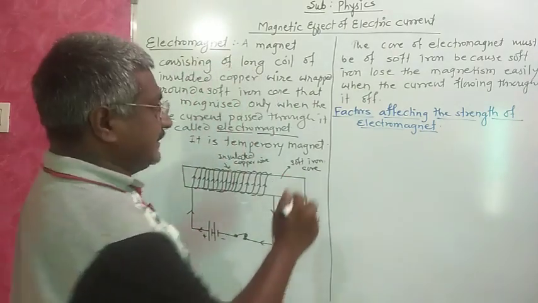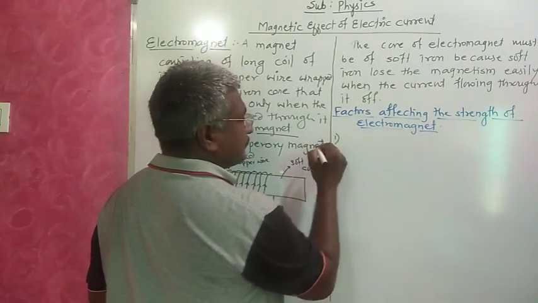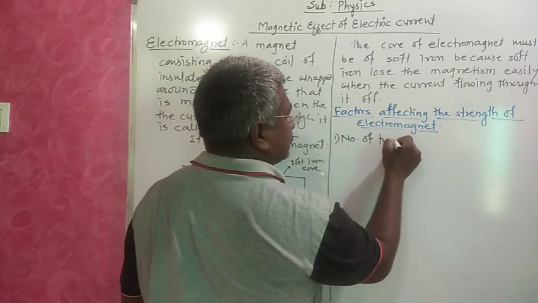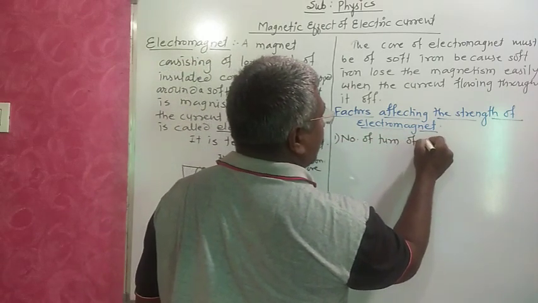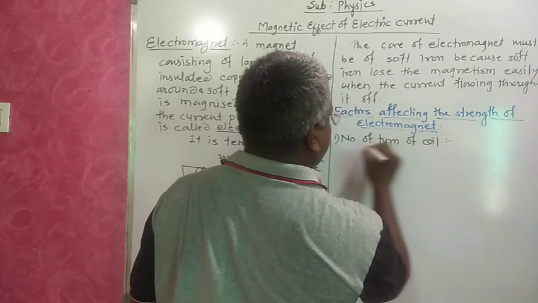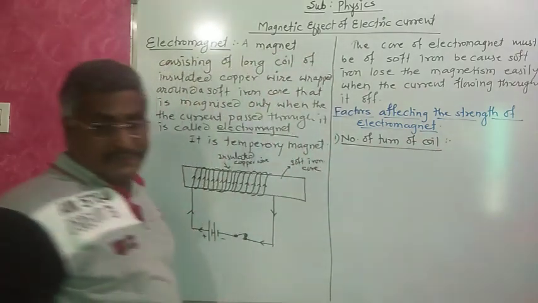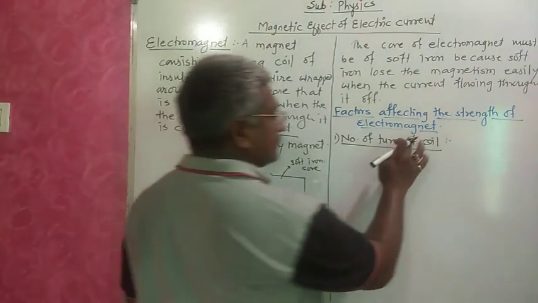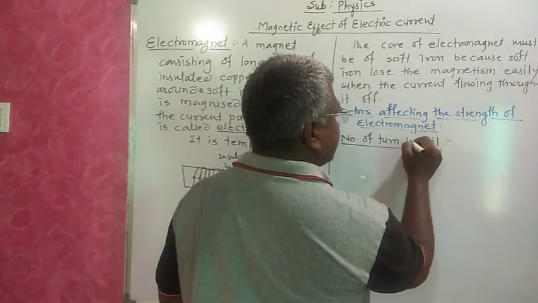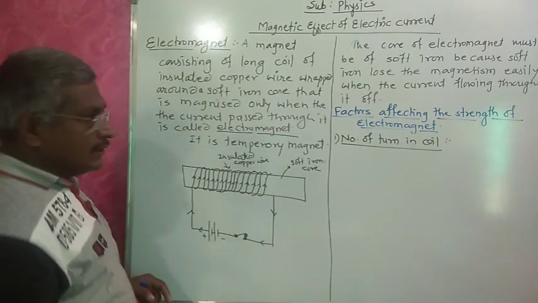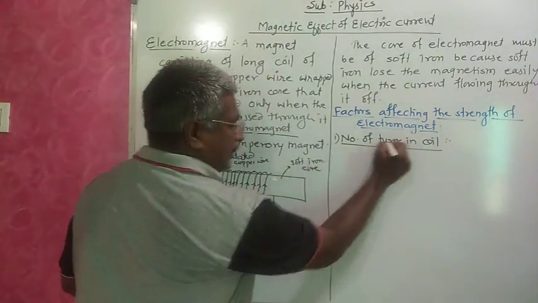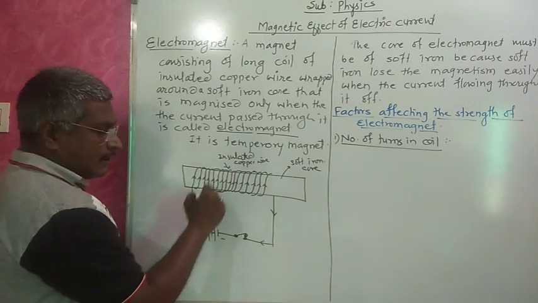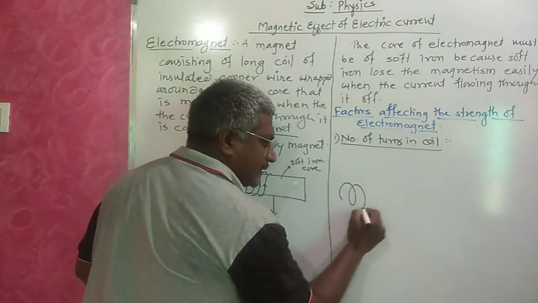First is the number of turns of the coil. What is the meaning of this? Number of turns in the coil means, here we use a coil, like this.